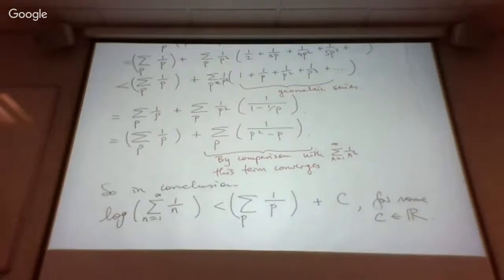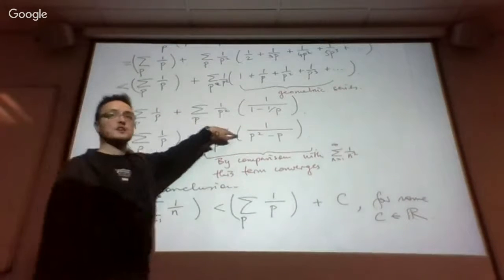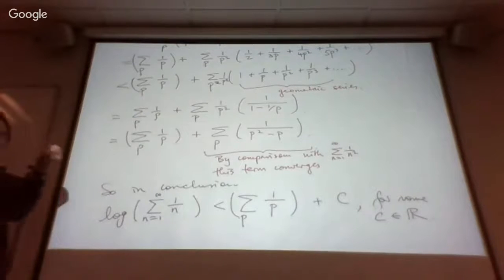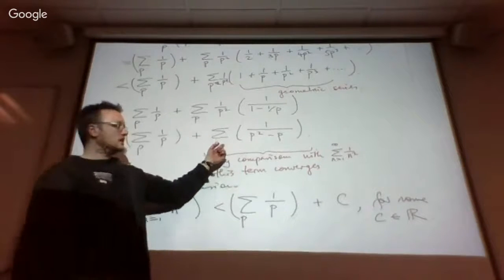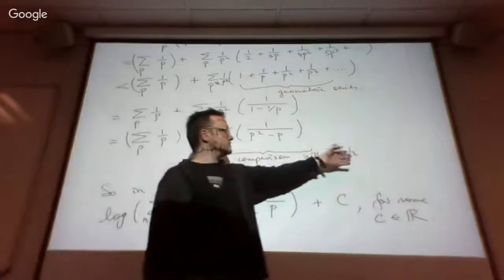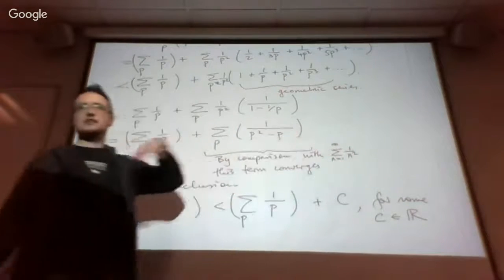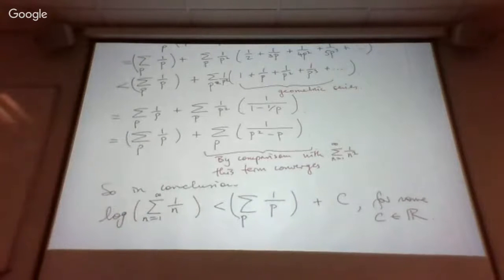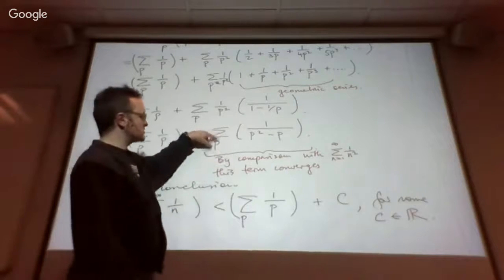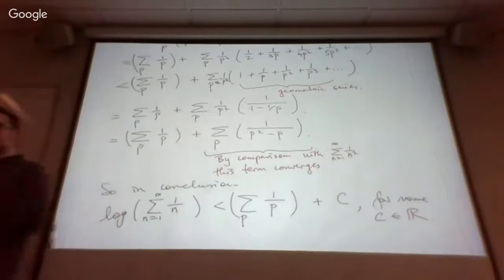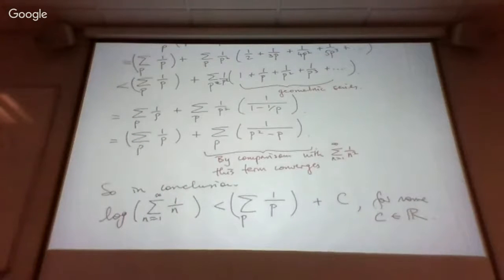So we can take this constant c to be the value of this sum here. I know it will have a fixed value because it's a convergent series. We'll just justify it like this because it compares to the sum of 1 over n squared, which we know to be convergent. We proved that was convergent last year. The sum of 1 over n squared is convergent, so the sum of 1 over p squared is going to be even more convergent because you only add up 1 over n squared when n is a prime.